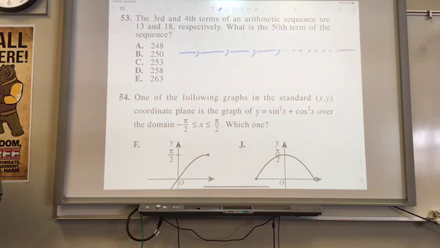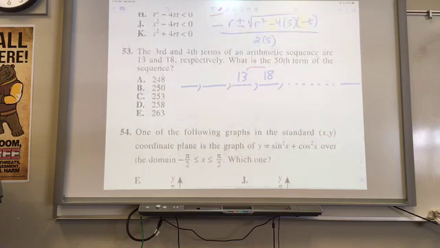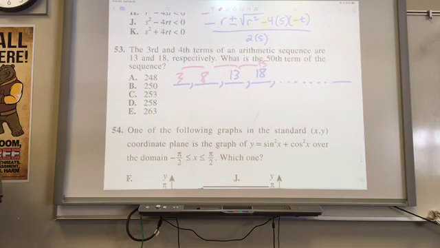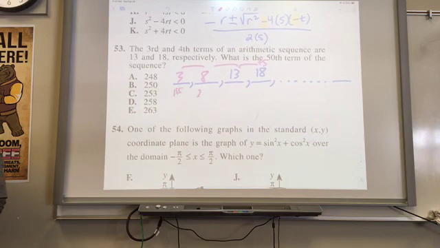The third term is 13. The fourth term is 18. Could you guys help me find the first 2 terms? Yeah, because what's it doing right here? It's adding 5. So that's 8, and that's 3. Okay, so the first term is 3, the second term is 8, the third term is 13.